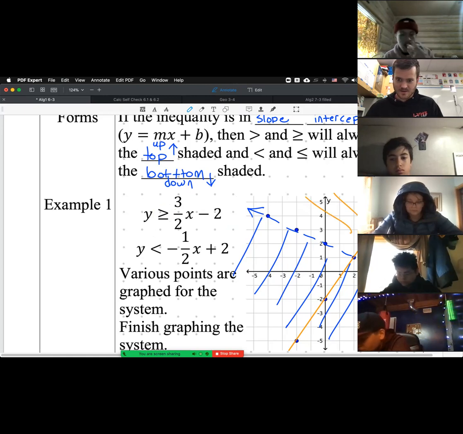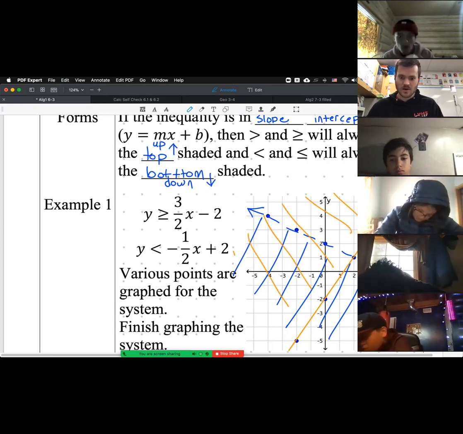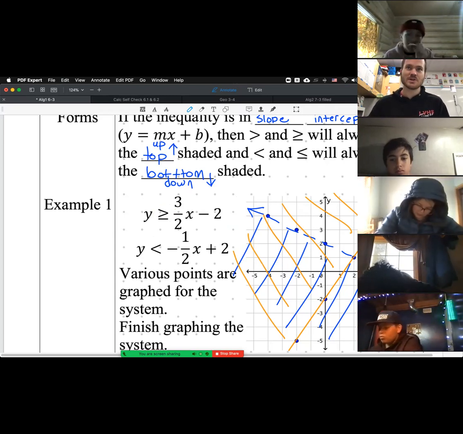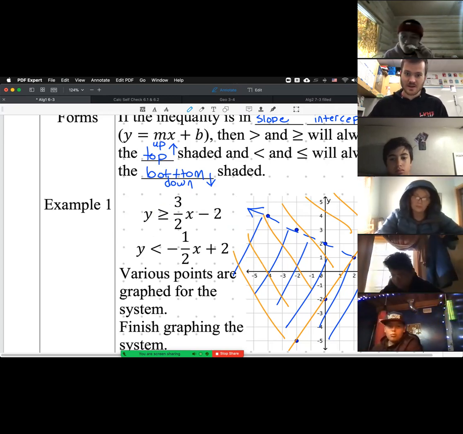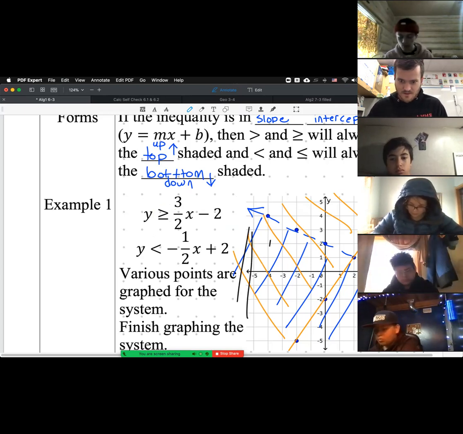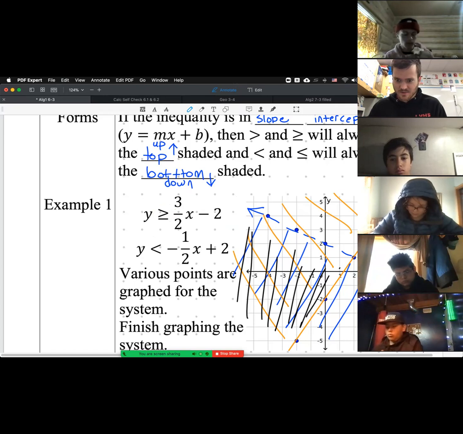And again, you can lightly do that and you can see that the actual answer is where these two shaded regions overlap. So make sure in your notes that you have a very dark section for this part right here.